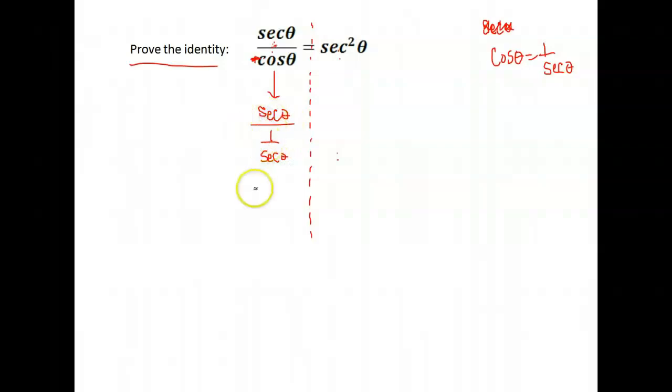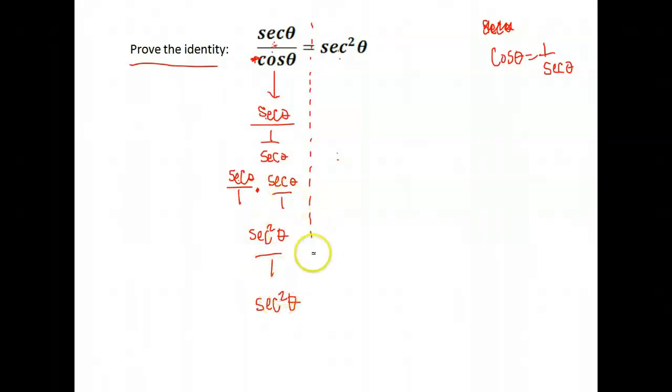This is a fraction divided by a fraction, and when we have a fraction divided by a fraction, what do we do? We invert the second one and we multiply. So this gives me secant theta over 1 times, we invert this bottom fraction, secant theta over 1. Well, what does that give me? Secant times a secant is secant squared theta over 1, which is just secant squared theta.